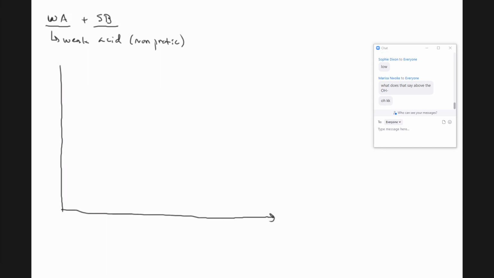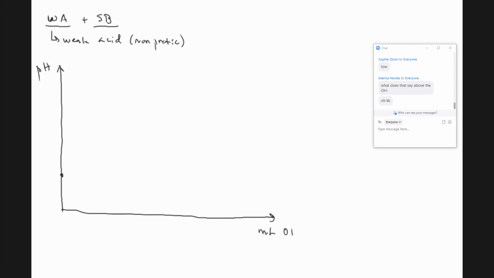The main titration curve that you end up looking at the most is your weak acid, strong base relationship. So this is a weak acid, right? Weak acid, non-protic. So when we graph it on your titration curve, this is pH. It doesn't start that low.